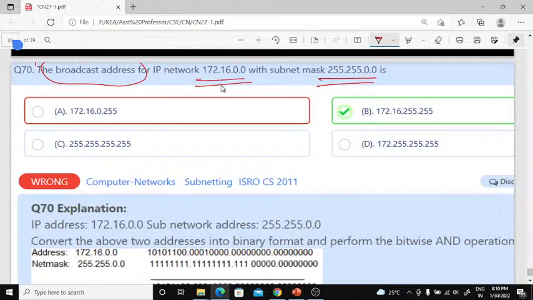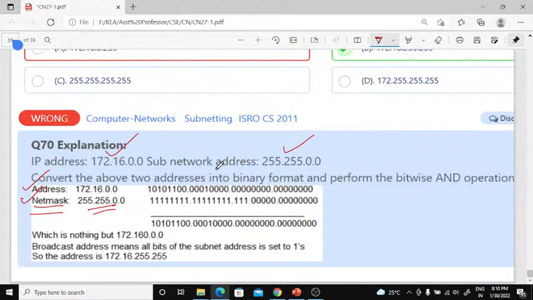Convert the IP network and the subnet mask into binary format, and perform the bitwise AND operation.